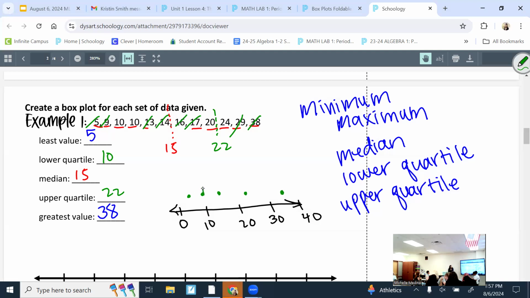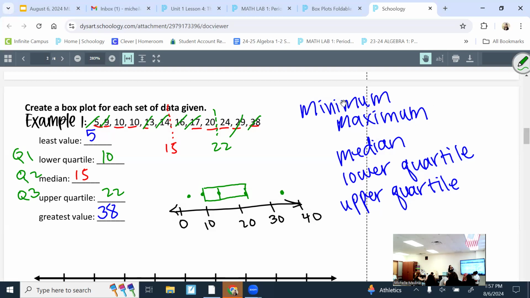Your middle 3 dots make up your box. So your quartiles, including the median. We call these, right over here, Q1, Q2, and Q3 for short. The second quartile is your median.